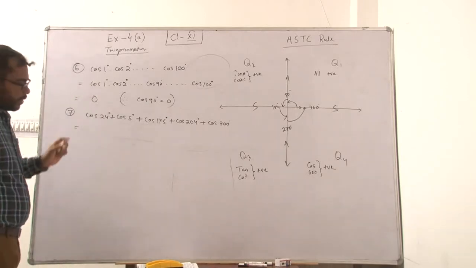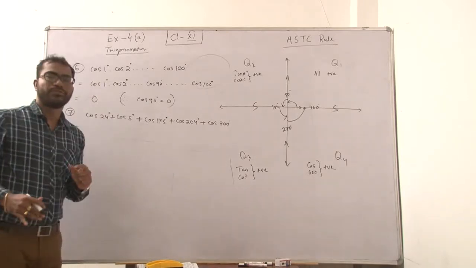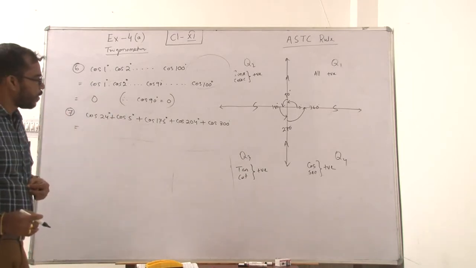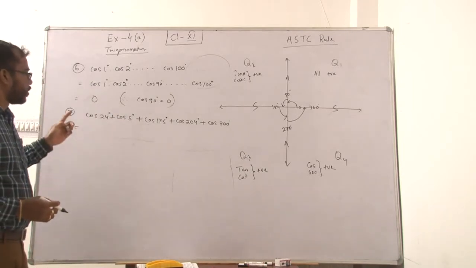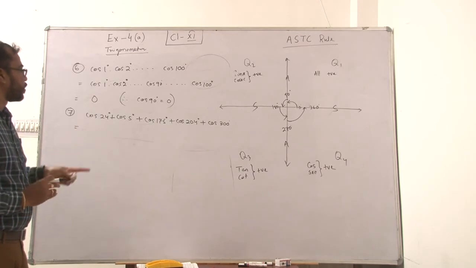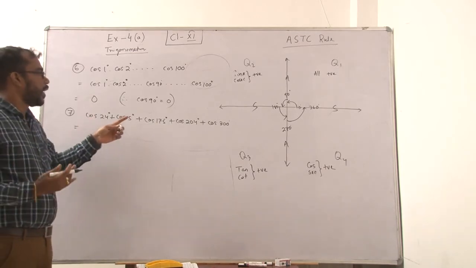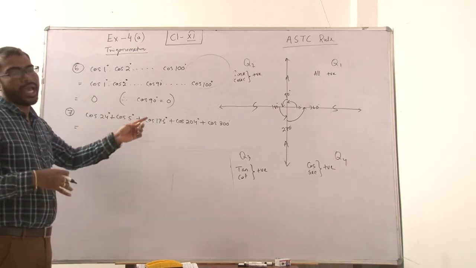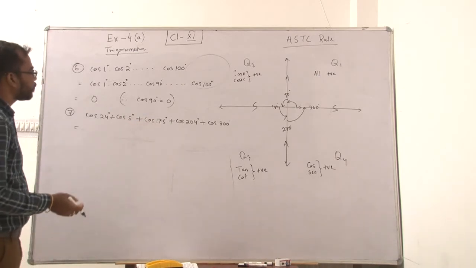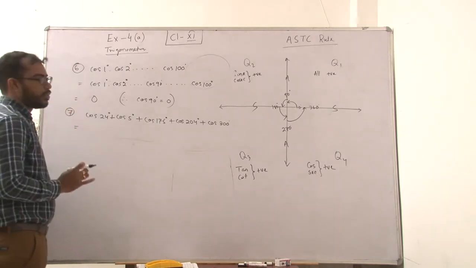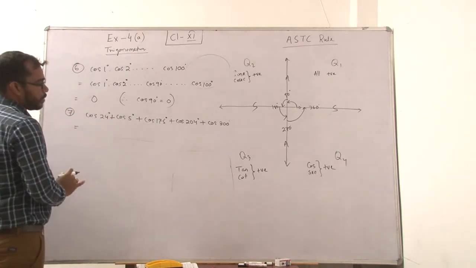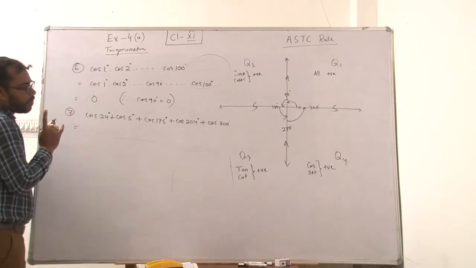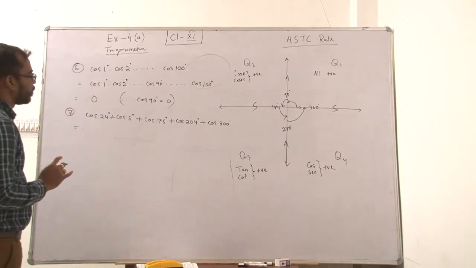So we have to find the value of this expression. How to evaluate or calculate it? You can see here some values are under 90 and some values are above 90. So the lesser value we can take the same.